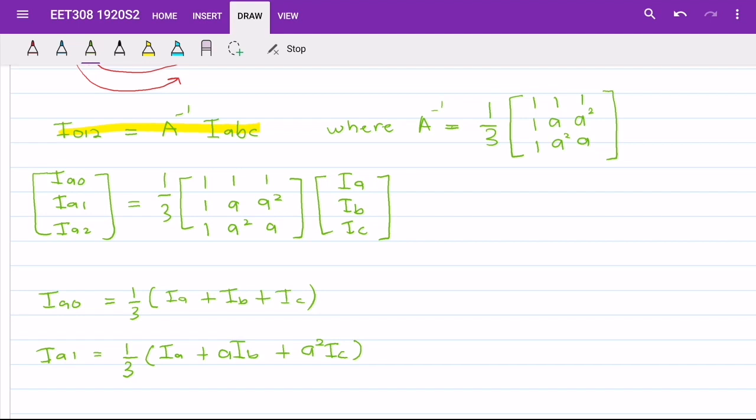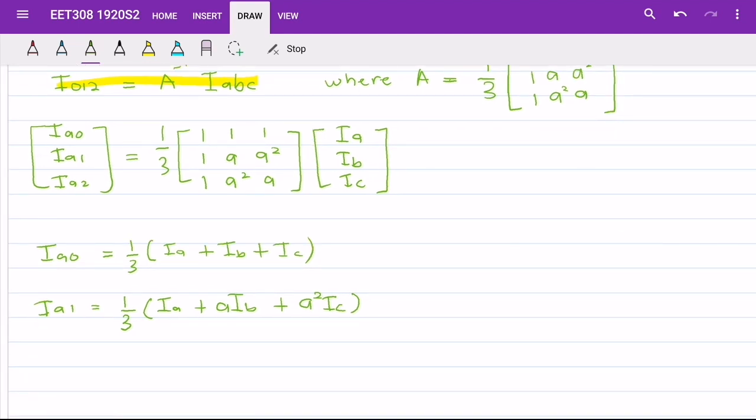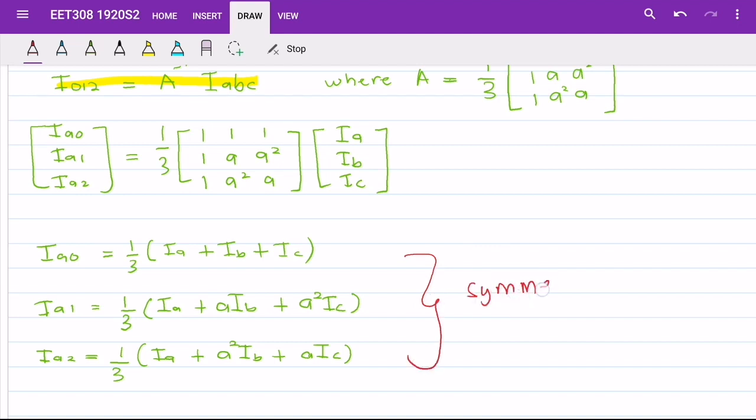This is for IA1. And IA2, the negative sequence symmetrical component current, equals 1 over 3 times IA plus A power of 2 times IB plus A times IC. So these three equations we can use to calculate the symmetrical component current.